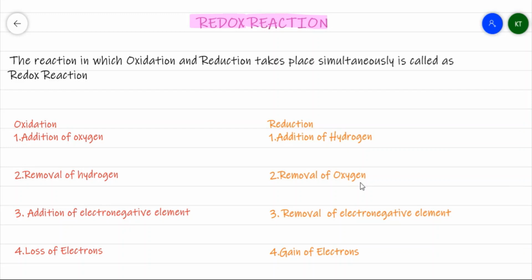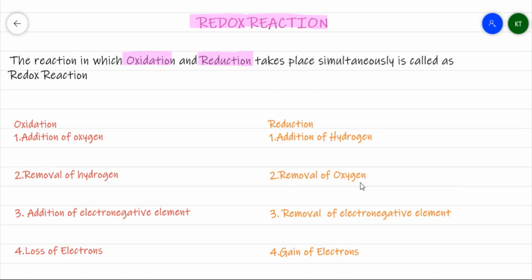Now, redox is a combination of two words, oxidation and reduction. So, in the word redox, RED is taken from reduction and OX is taken from oxidation. So, let us define redox reaction.